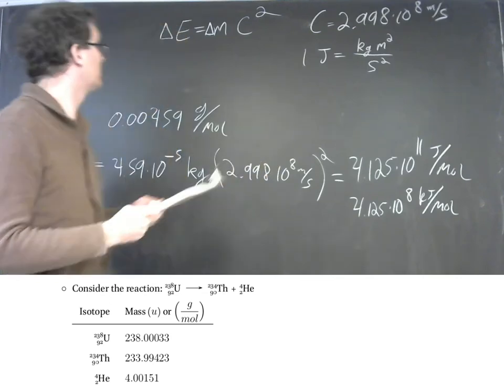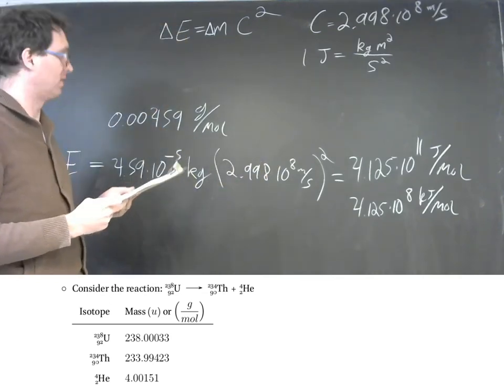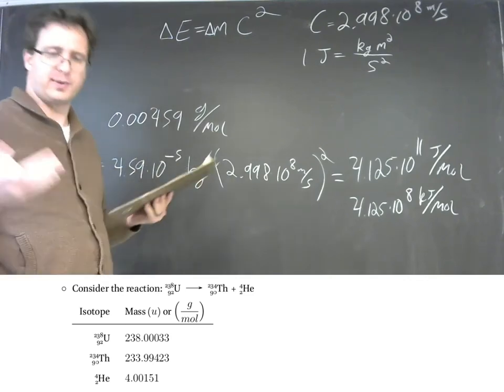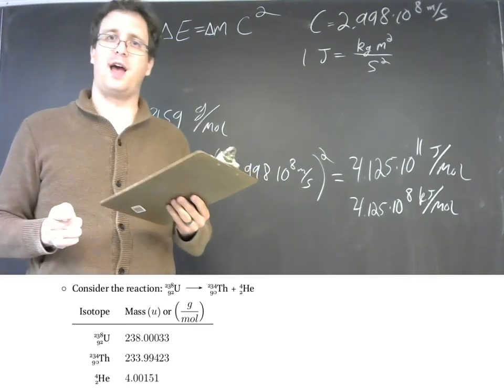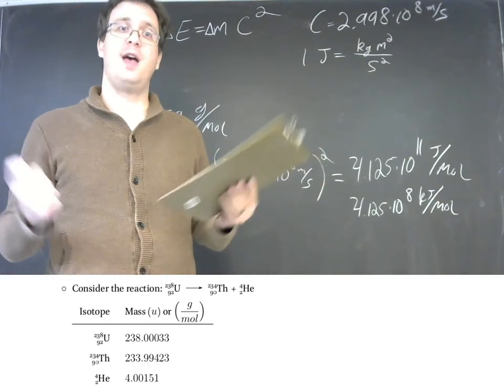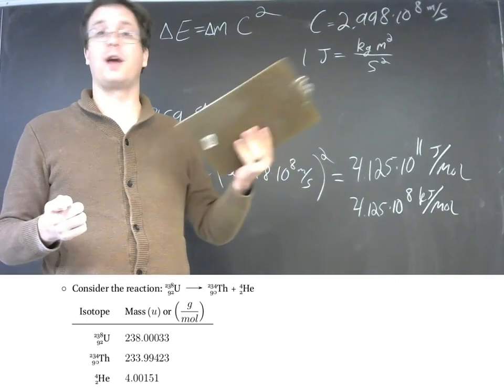Also, this is an alpha decay reaction: uranium decaying to thorium and releasing a helium. If we were to look at fusion and fission, they're still more energetic than alpha decay.